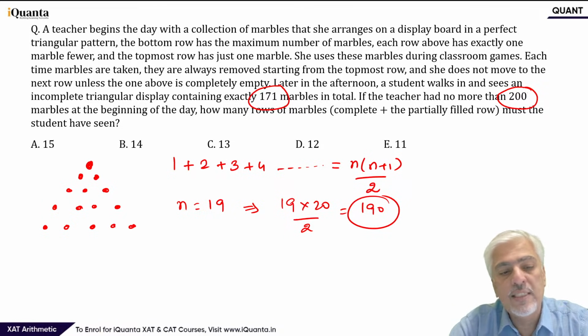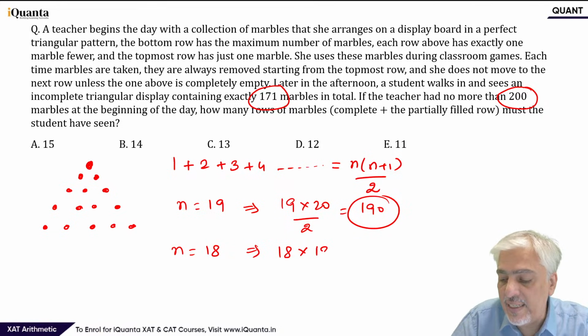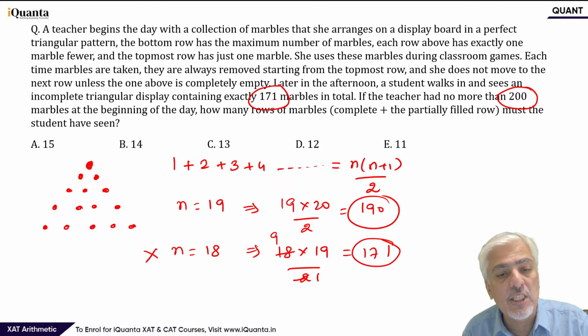Now listen to this carefully, okay? Now, but what if n was 18? Can we try? What is 18 into 19 upon 2? Exactly 171. Not possible. Why is this not possible? Because they have said that, read the question carefully.